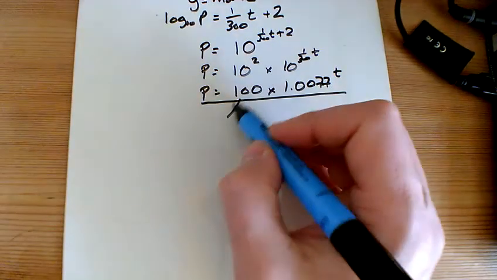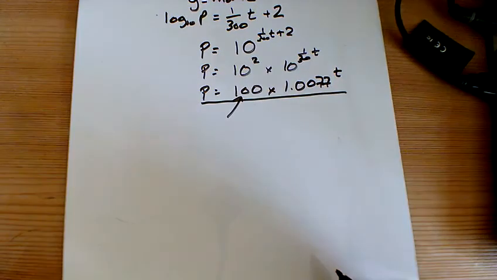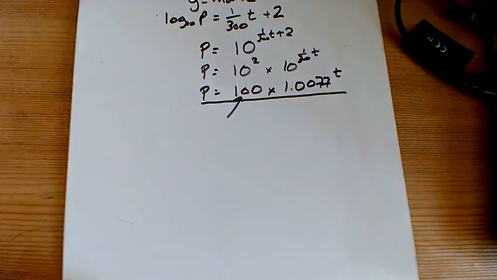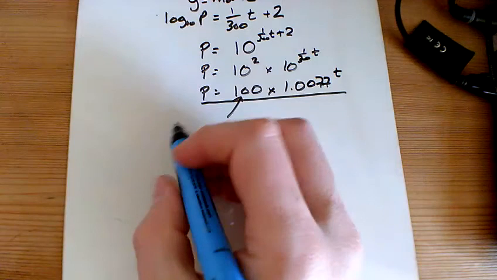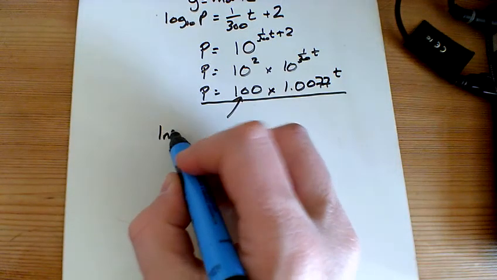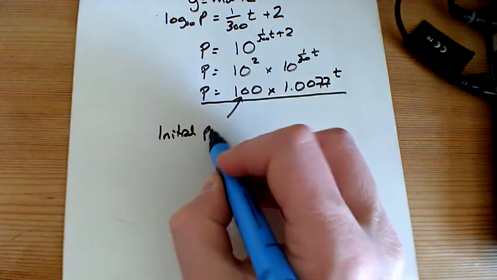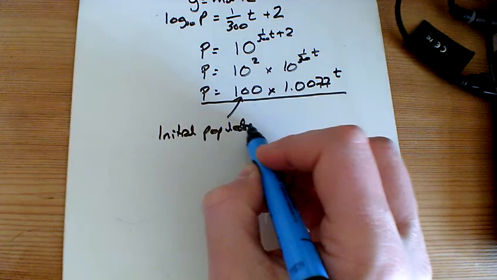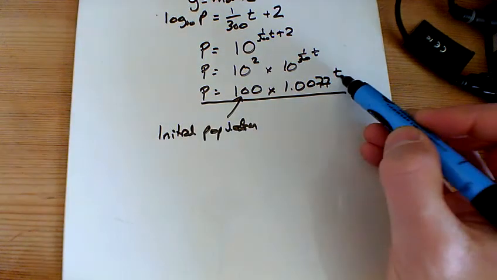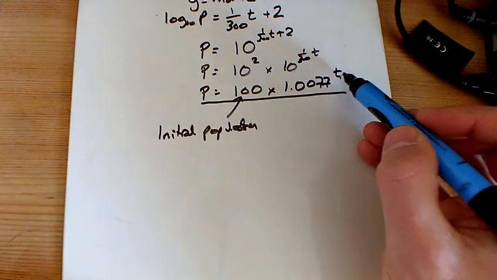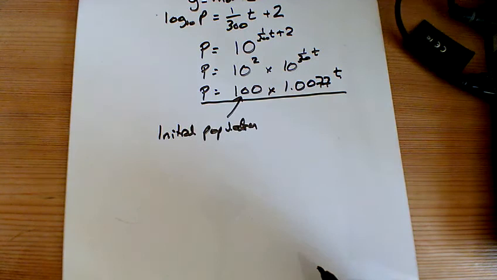What does this A represent? Well, often we say it's going to be the initial population. What you do is you think, if t was 0 here, this to the power of 0 gives 1, and so it is the initial population at t is 0.